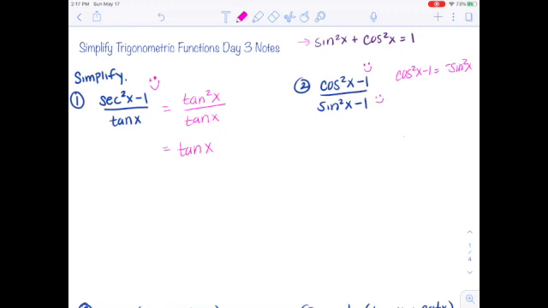And in the denominator, your sine squared of x minus 1 is equal to negative cosine squared of x. And so take and replace those. You've got negative sine squared of x divided by negative cosine squared of x. And lo and behold, that is just tangent squared of x.